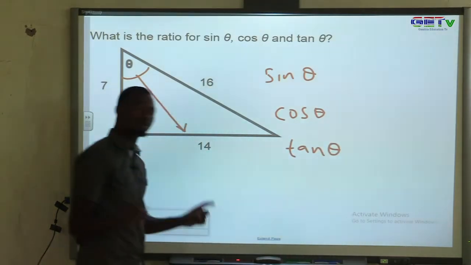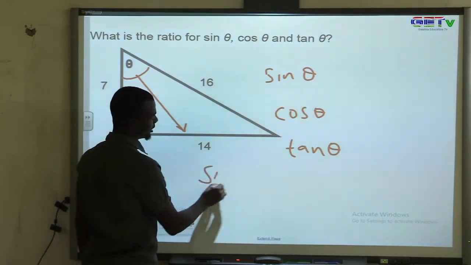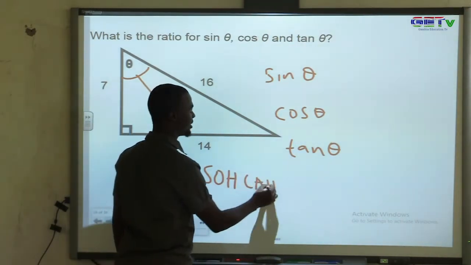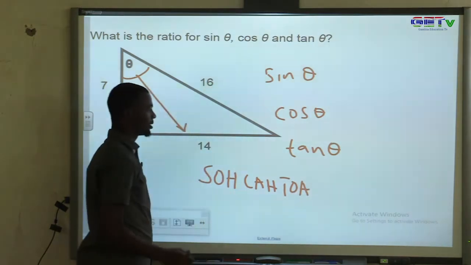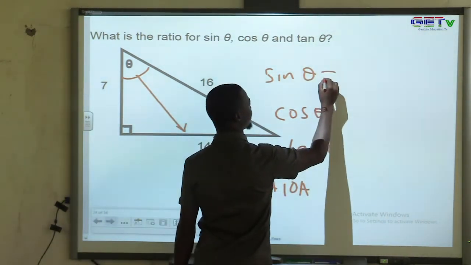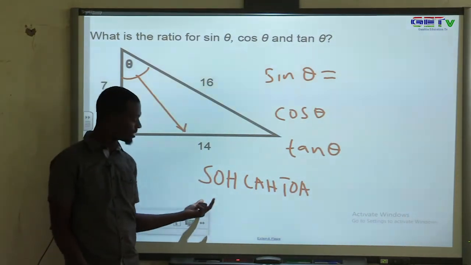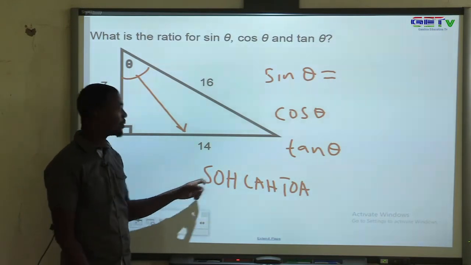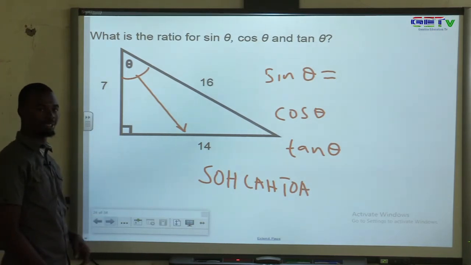So we can also use the acronym SOHCAHTOA: SOH, CAH, and TOA. So what is sine theta? If you come to the SOHCAHTOA, it is the first set of 3 letters. S is sine, O is opposite. We go to the right angle triangle. Which one is the opposite?